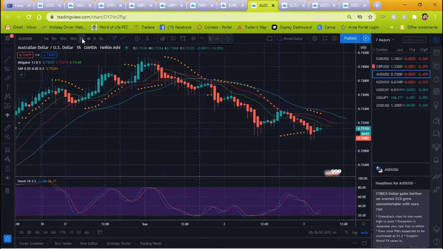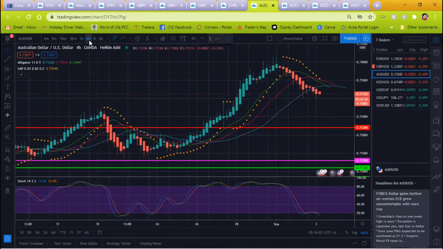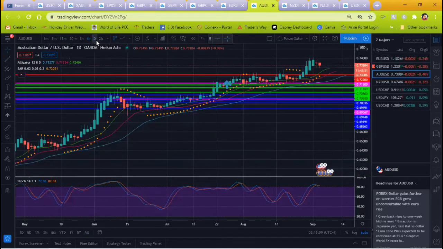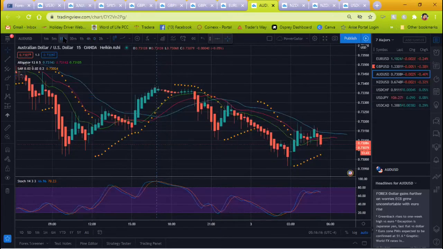Okay, the 1 hour is in a sale. The 4 hour is also in a sale. And the daily is in a buy, but it's in strong pullbacks, getting ready to make its turn. So that lets us know.